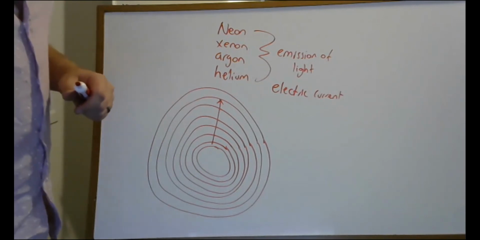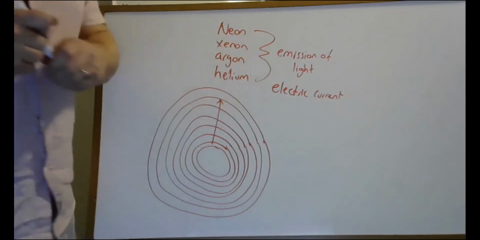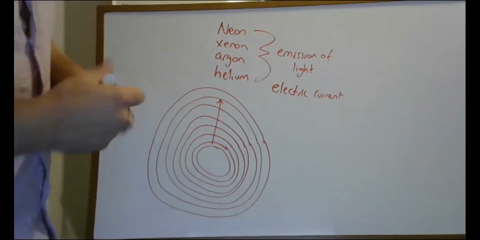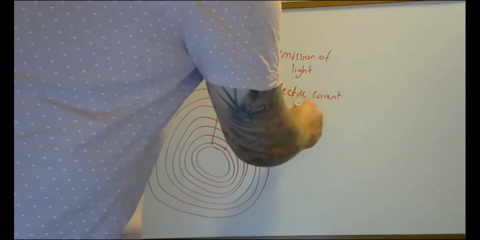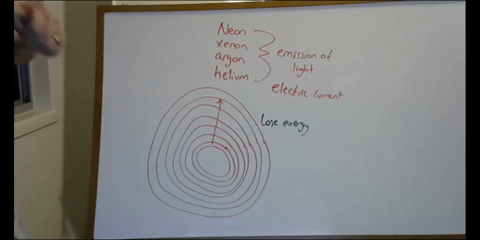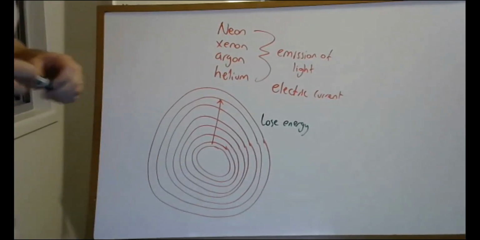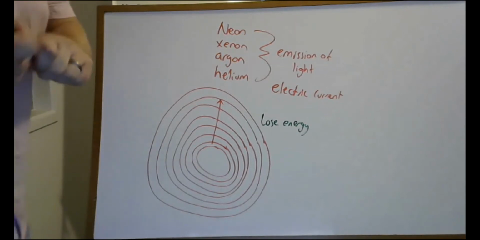So the atom needs to lose some energy. It does this by emitting light.